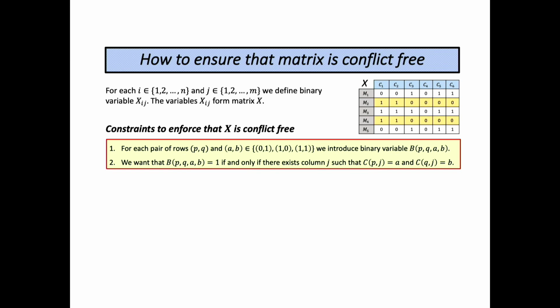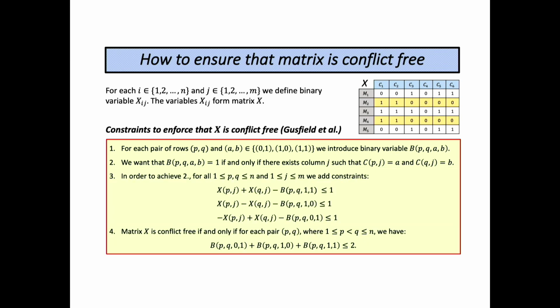So let's go through some constraints. In the end, these are very simple constraints that tell you what kind of values you get in the resulting matrix in comparison to the input matrix. And as long as you don't worry about the number of nodes in the output tree, this works perfectly. It would minimize the total number of error corrections that you'll have to do in a weighted fashion that would guarantee you a perfect phylogeny.